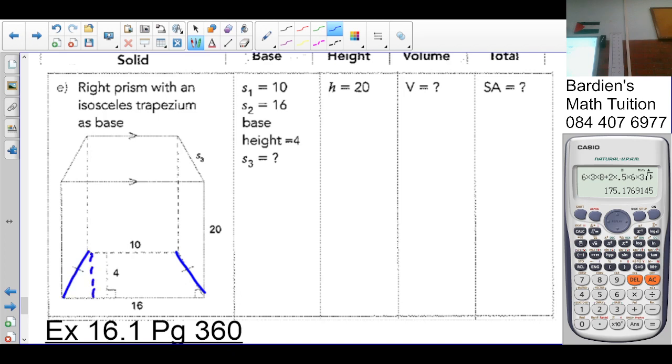So if I cut here, I'll create a right angle triangle. Can you see that? What's the perpendicular height here? 4. What is that length from there to there? 10.